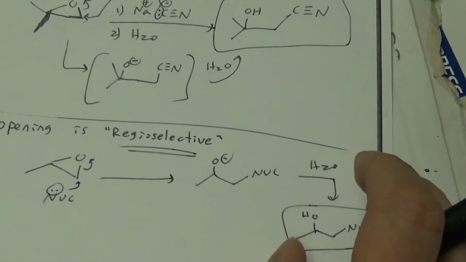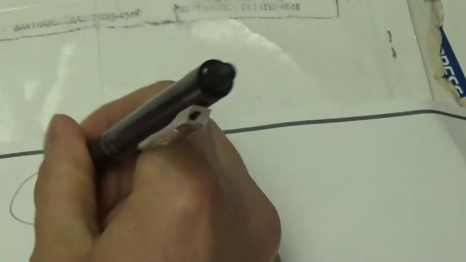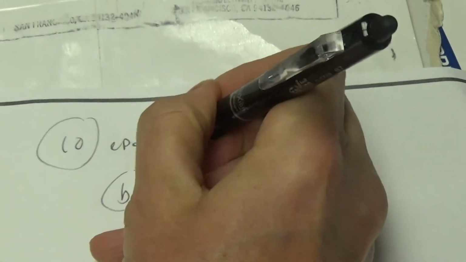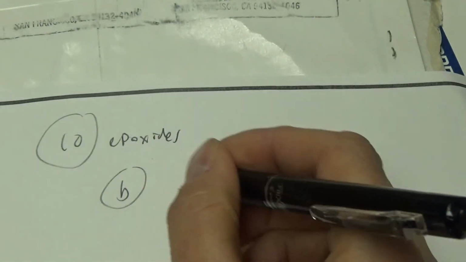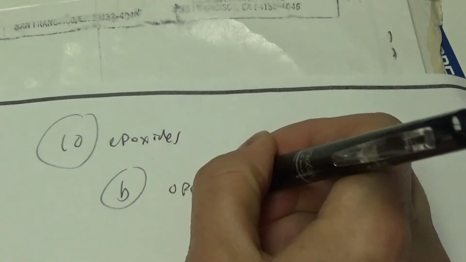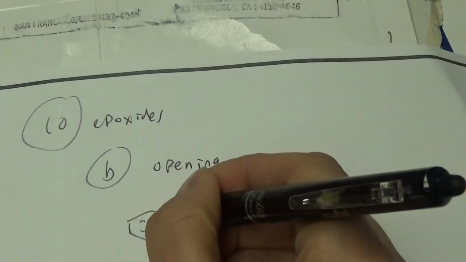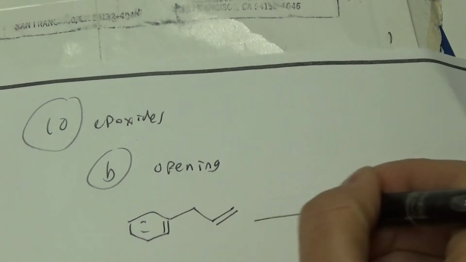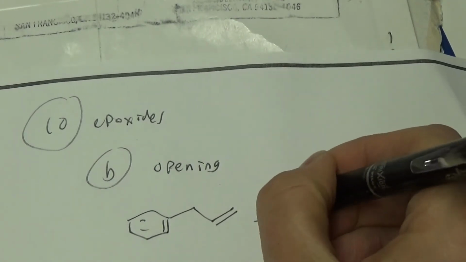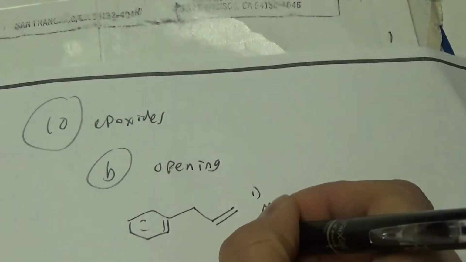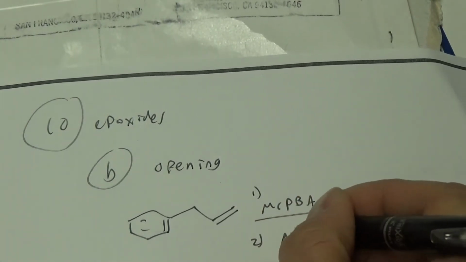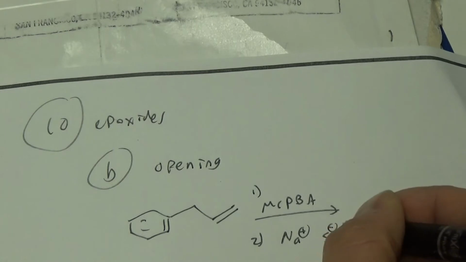Another example. We're in the opening of epoxides section. mCPBA, then Na plus, S minus.